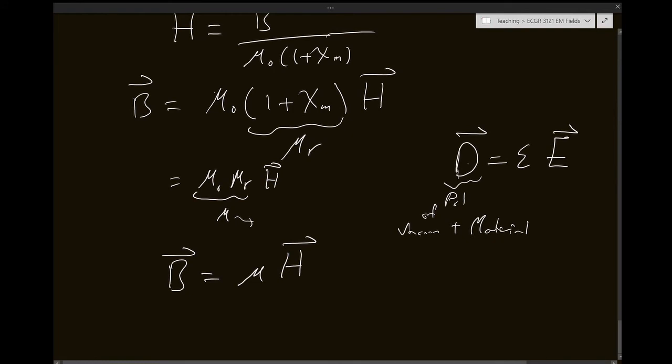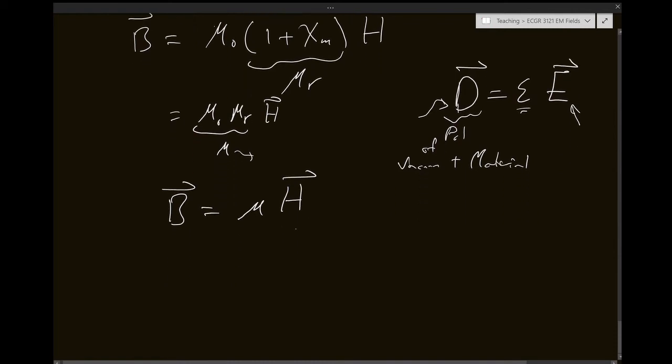That's why D does not vary when we solve problems, while E will vary depending on which kind of medium you are in, because E does not have information about the medium, while D comes with information about the medium baked into it by the constant epsilon.